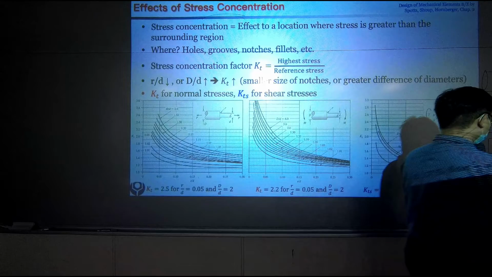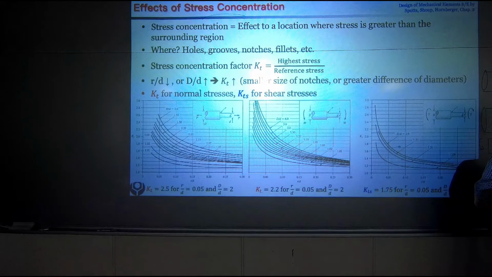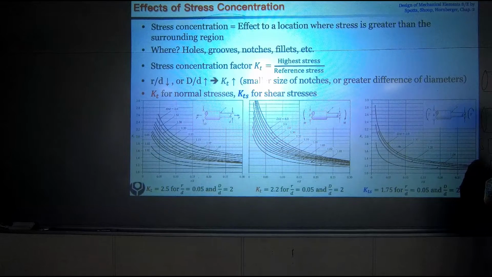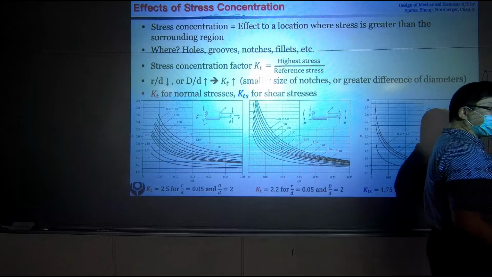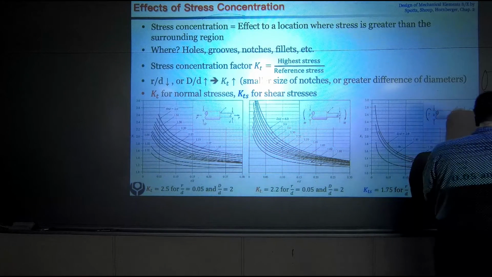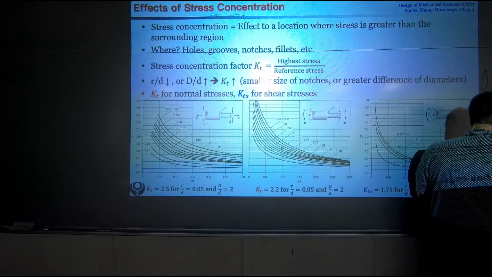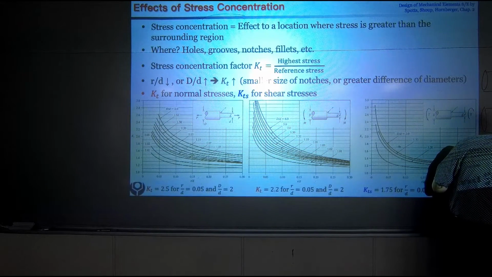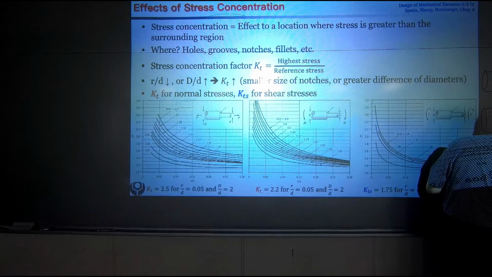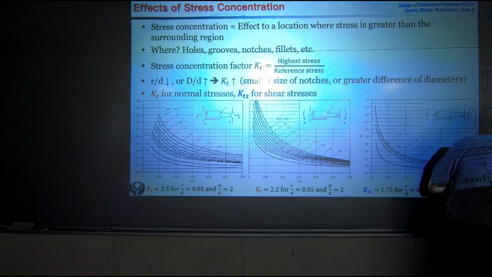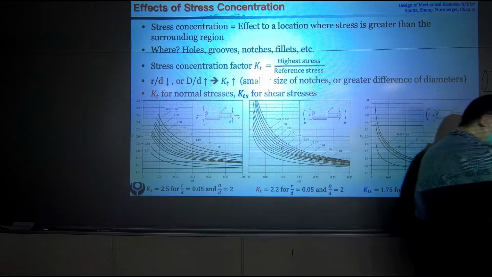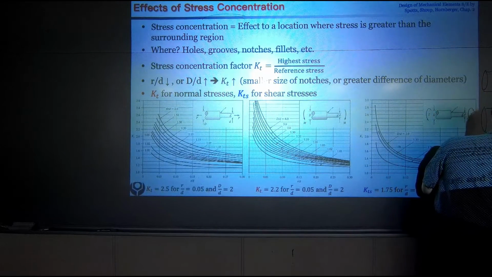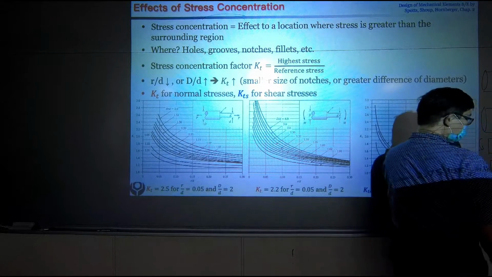Concentrated so much. The stress over there could be much greater than the usual stress. Much greater. But if you try to use rounding to spread out the stress distribution, then this is concentrated stress.